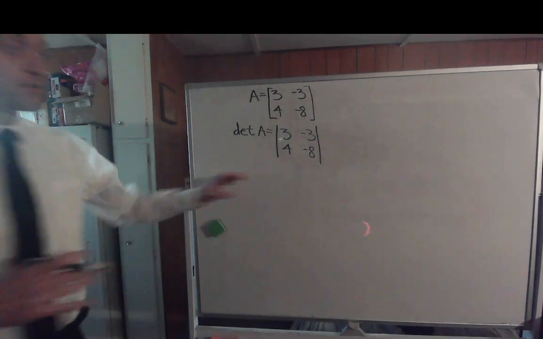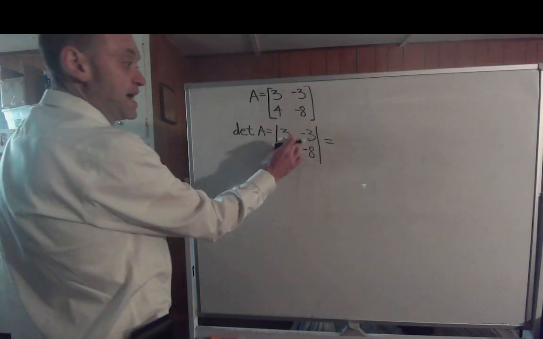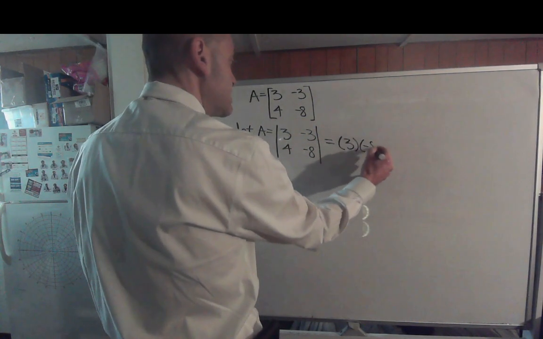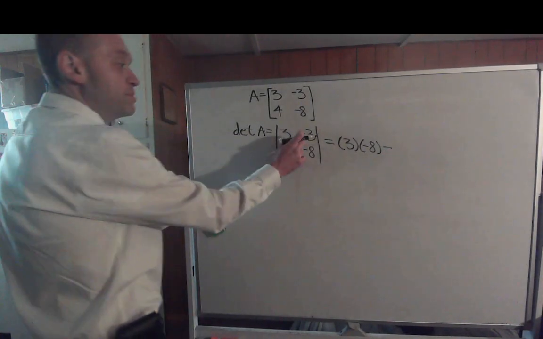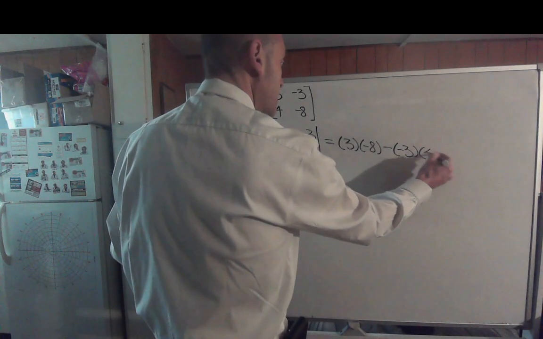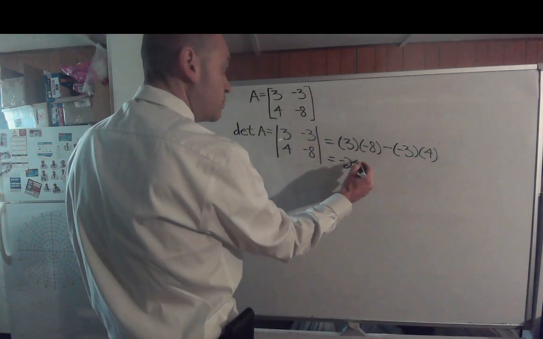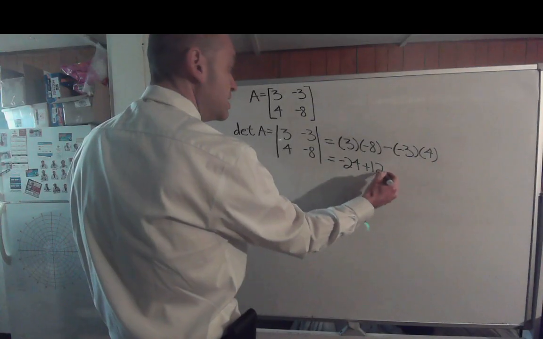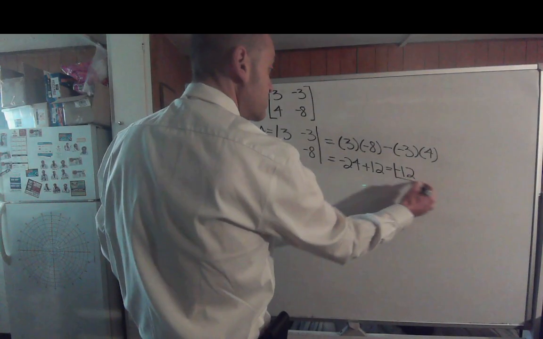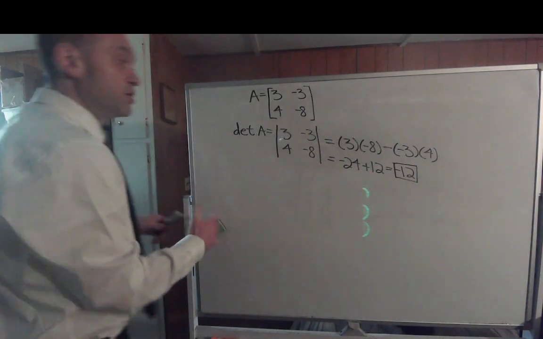Now you just take ad, so that's 3 times -8, minus b times c, so minus -3 times 4. This turns into -24 plus 12, giving you the determinant of matrix A to be -12. So matrix A's determinant is -12.